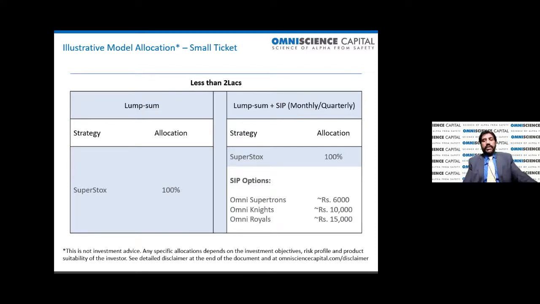And the best thing is the platform allows you to do not only monthly SIPs, you can even do quarterly SIP. So if 15,000 is not the capability on a monthly basis, but they still want to do Royals, large caps, they can assign it on a quarterly SIP. And so they will have around 5,000 monthly, but invested on a quarterly basis into Royals.